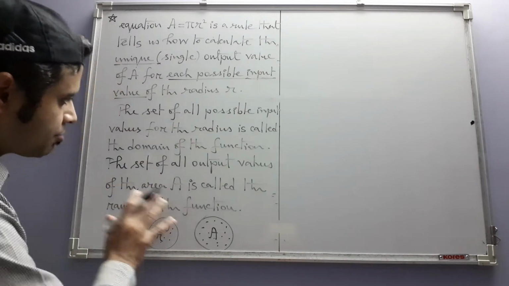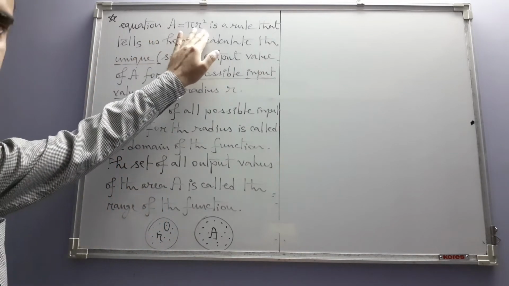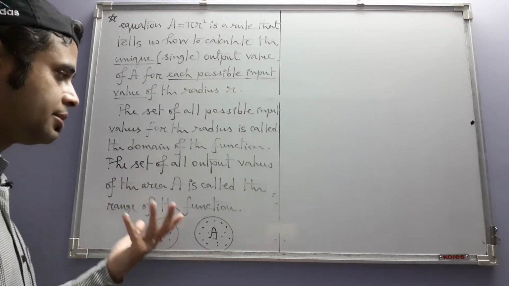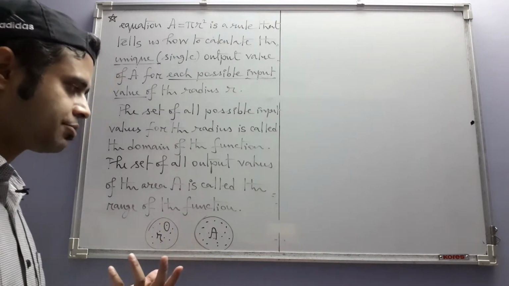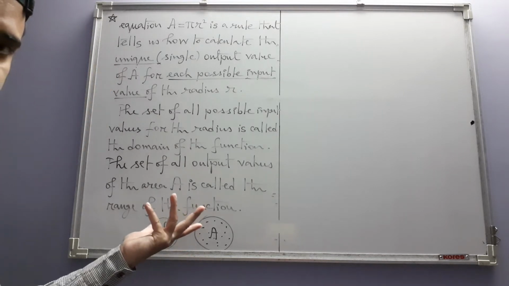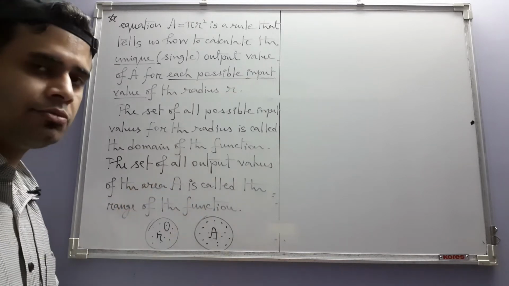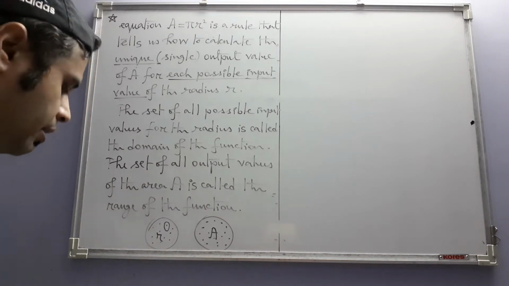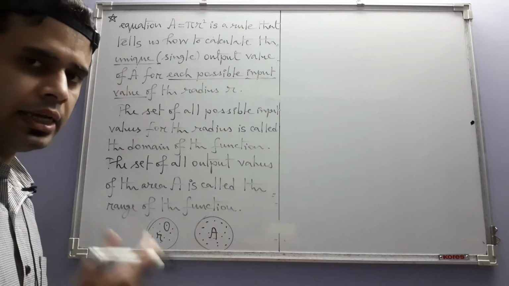For this particular function which links area and radius, what is the input? What is the domain? What are the possible values for the radius of a circle? As we have already said, the radius can be any positive real number or 0, but it can never be a negative real number. And so is the case with area.